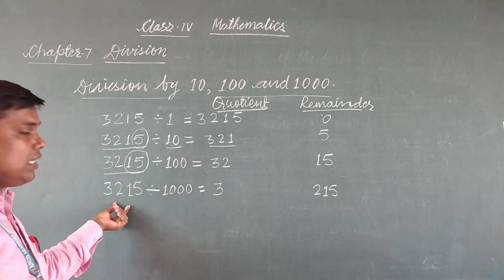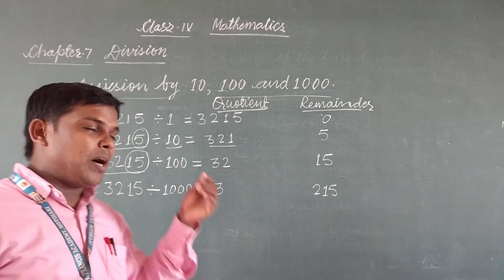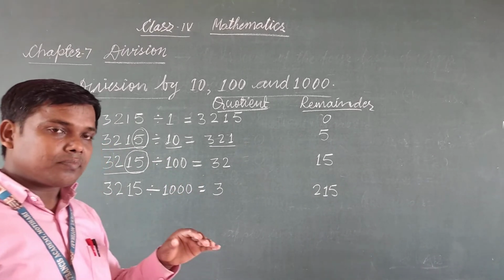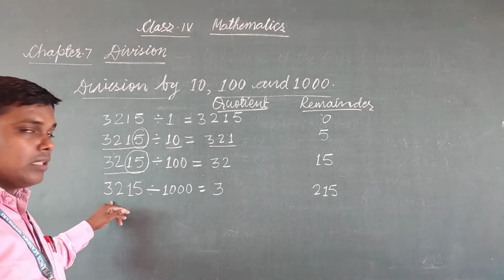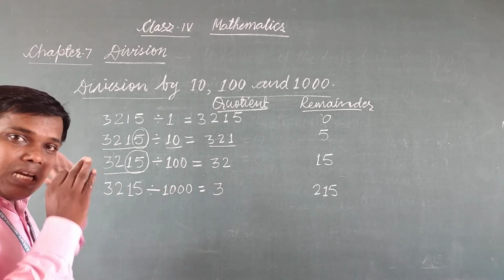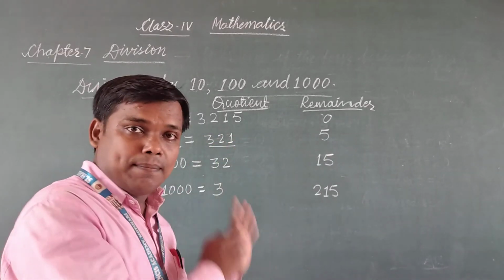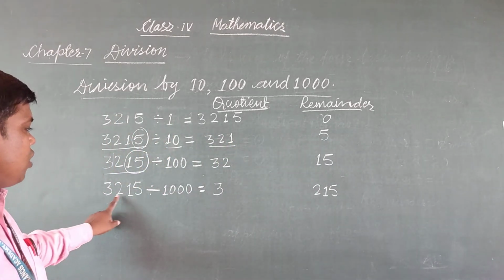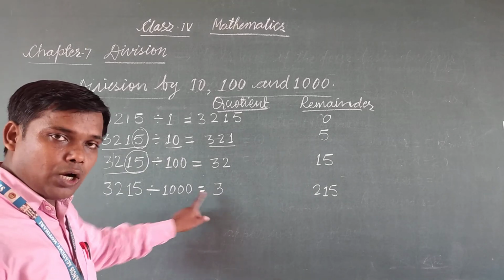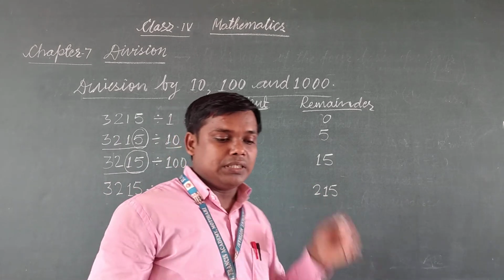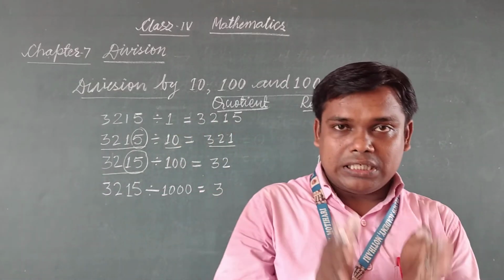Similarly, when we divide a number by 1000, our quotient will be the number leaving out the last three digits. So 3215 divided by 1000, our quotient is 3 and remainder is 215. This you have to understand.